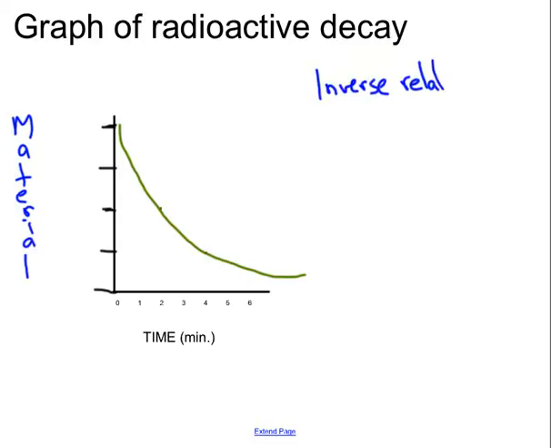Now I'm writing this just because different schools, different classes call this different things. It's also called an indirect relationship. And from what I hear in math class, they call it a negative correlation.